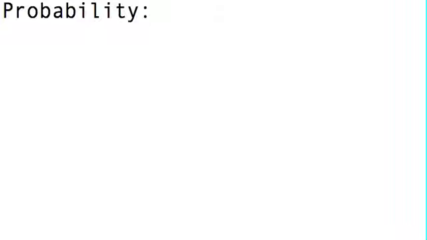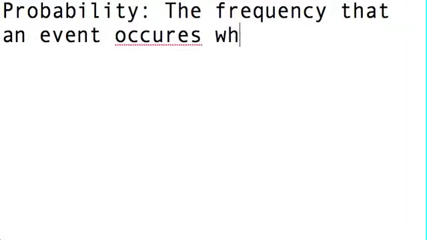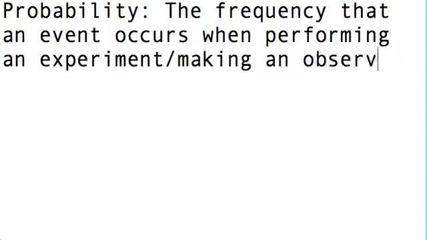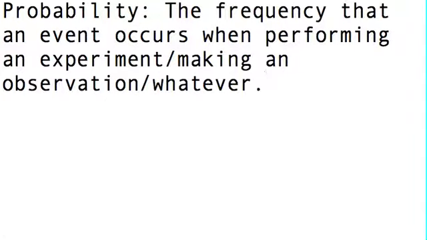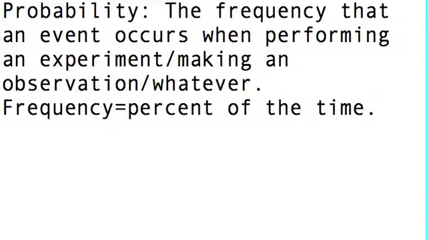So a basic definition of probability is the frequency that an event occurs when performing an experiment, making an observation, whatever. We observe some sort of phenomenon, and it's the frequency that we expect it to happen. When I say frequency, I really mean the percent of the time that it happens, how often it happens.